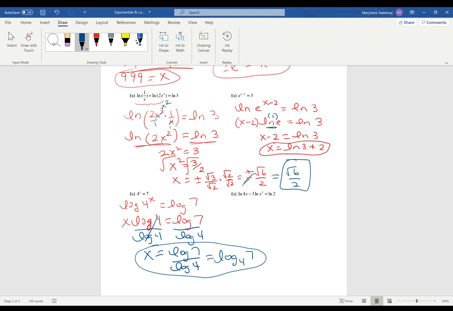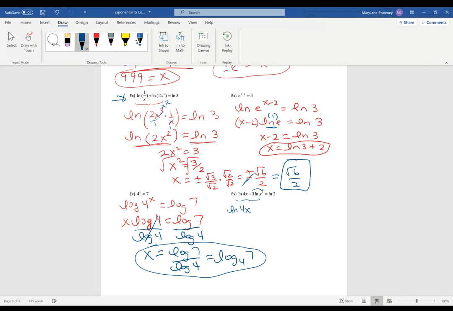And the last one kind of goes back to this example back here, where we have logs on both sides, but we've got to get this condensed down to a single log. So first thing I would do is I'm going to leave this ln 4x right now.